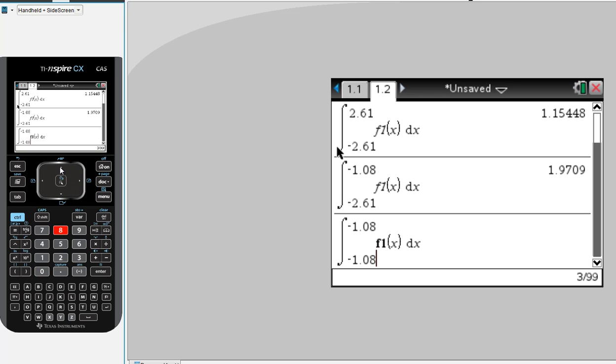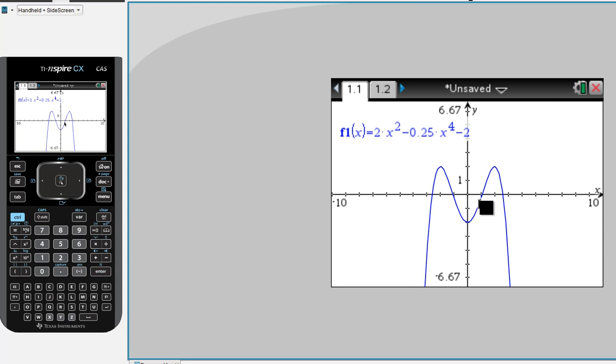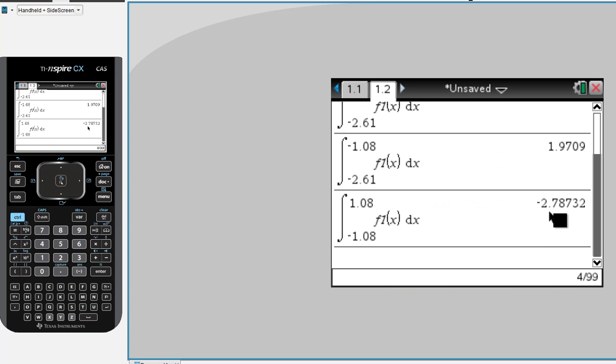The upper limit will be 1.08. The integral is minus 2.79. But since we're finding out the area, it cannot be negative, so the area will be 2.79.